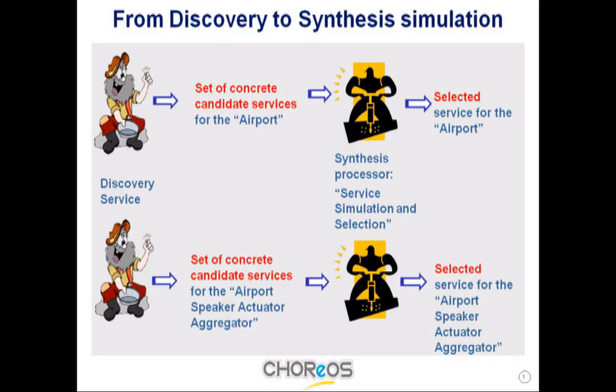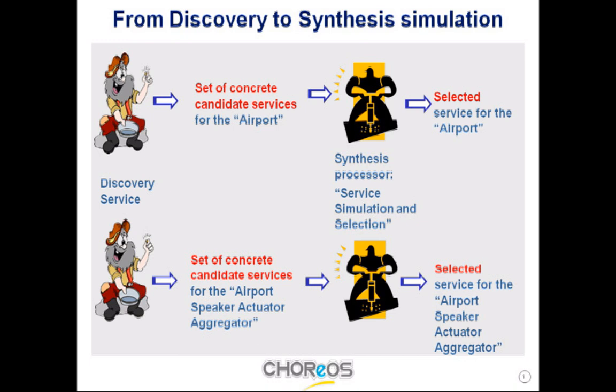Going back to the synthesis process, after a set of concrete candidate services have been discovered, the synthesis process has to select them by checking for each participant if its expected behavior can be simulated by some candidate service.